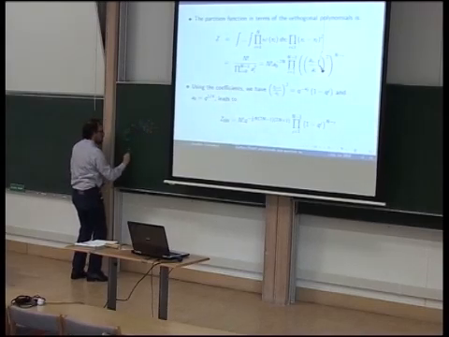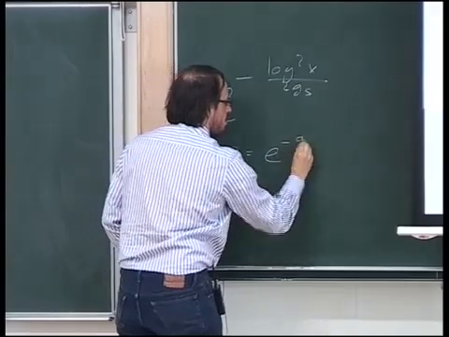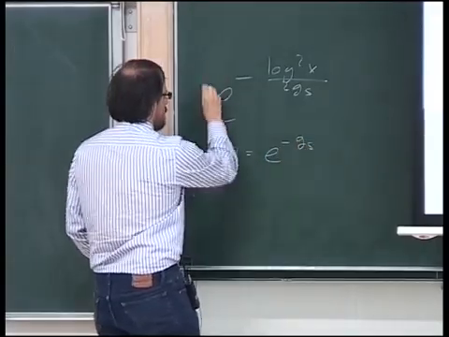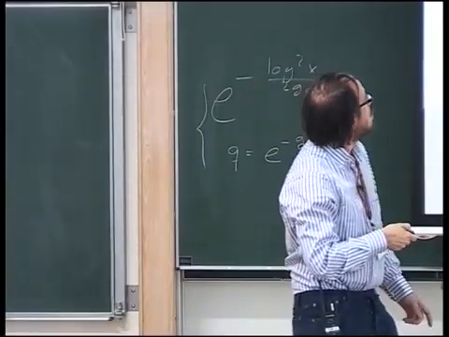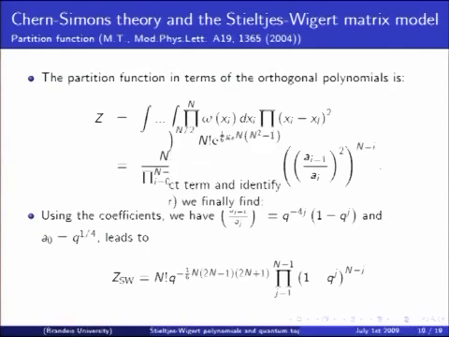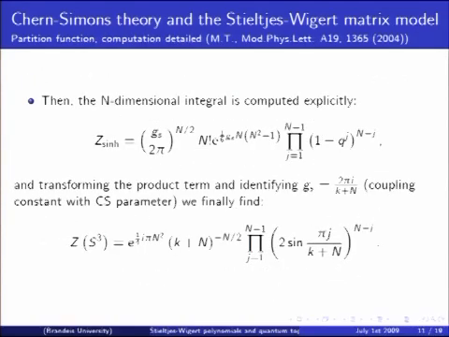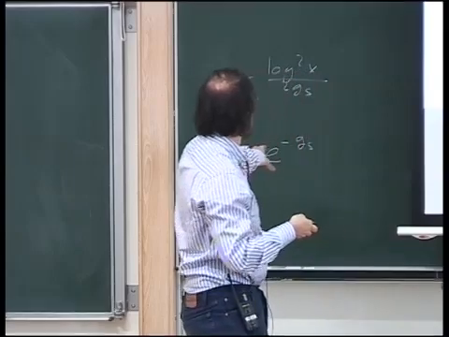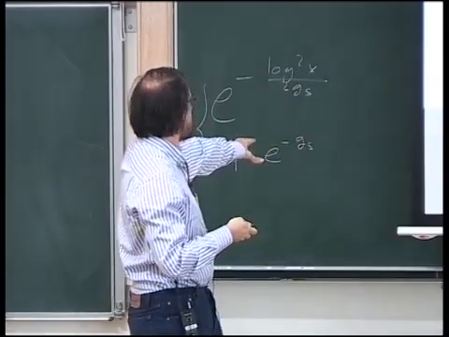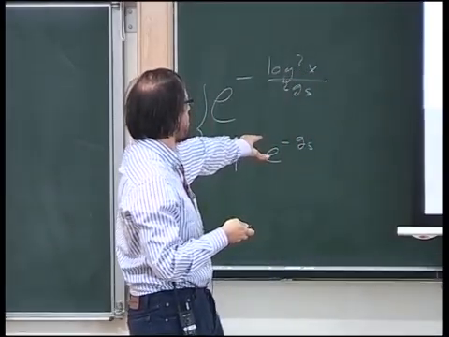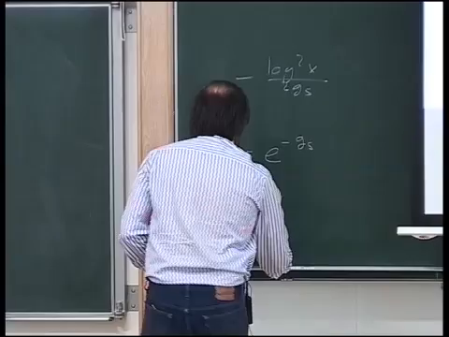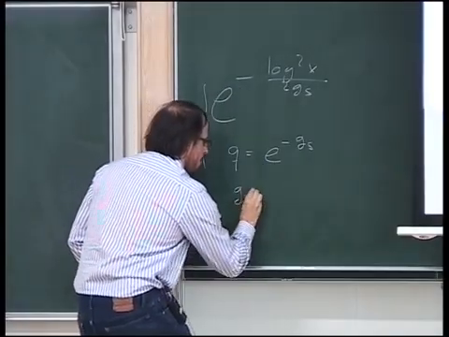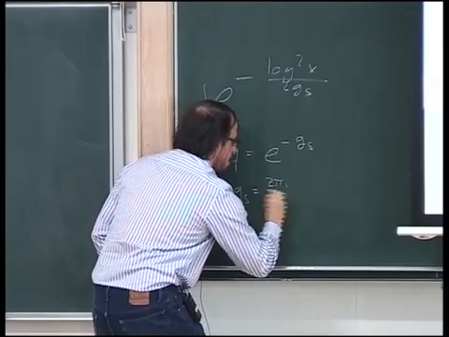Then the q parameter, this is the definition for it. Interestingly enough, playing with your Stieltjes-Wigert polynomials, the q parameter turns out to be the q parameter that you find in Chern-Simons theory or in topological string theory. So everything is consistent. Then for Chern-Simons theory, g_s is 2π.